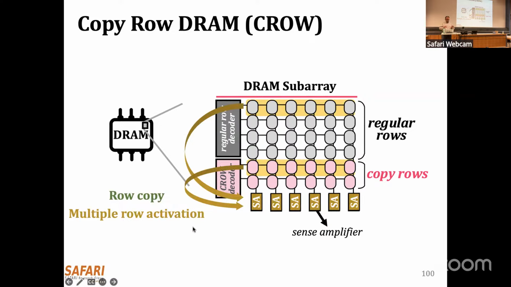So you have a copy of your original data in the CROW region as well. Later, when you get an access and want to supply the data outside, you can read from the CROW region and the regular region together.